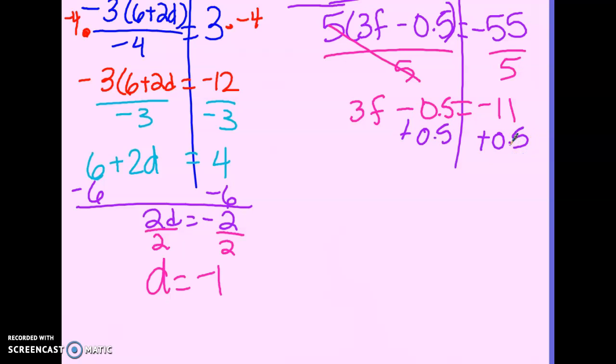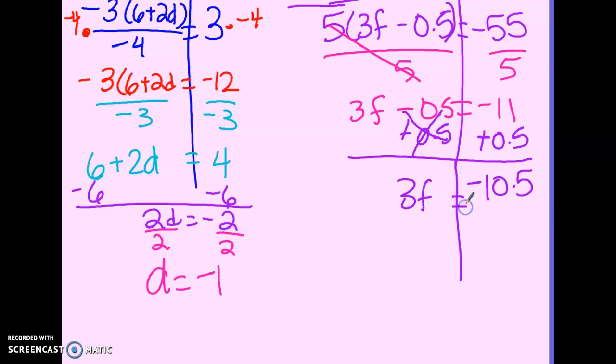So I have negative 11 and I'm adding a 1/2 to it, which leaves me negative 10.5 and 3f on this side. And then I'm going to divide both sides by 3, which gives me f equals negative 3.5.